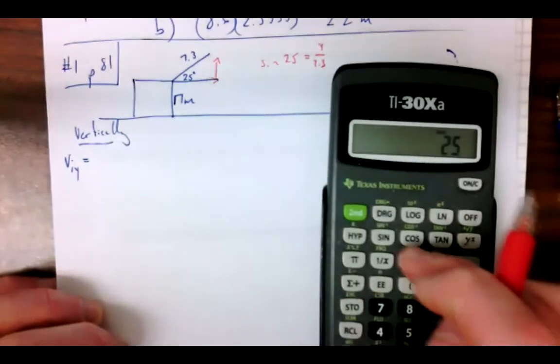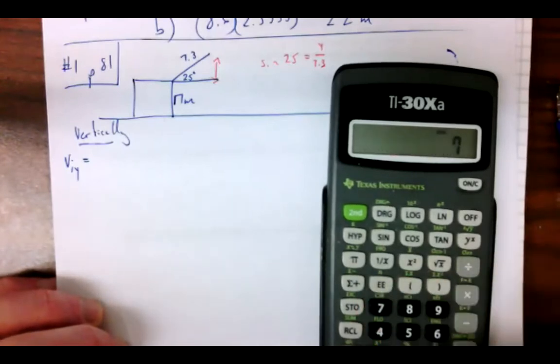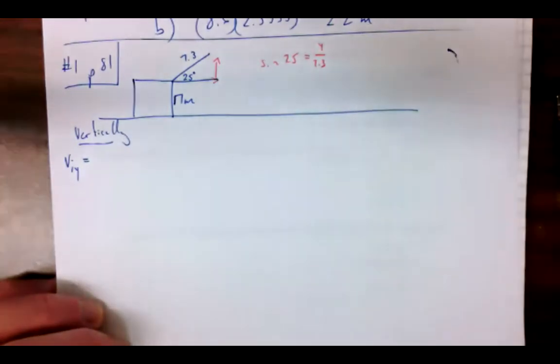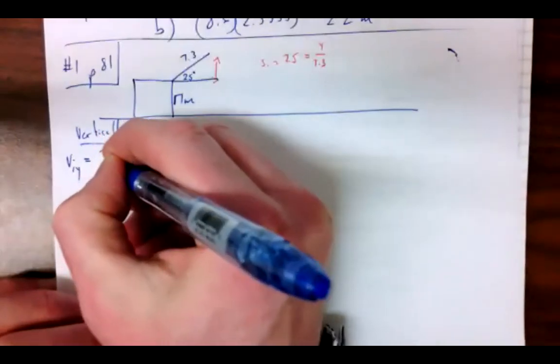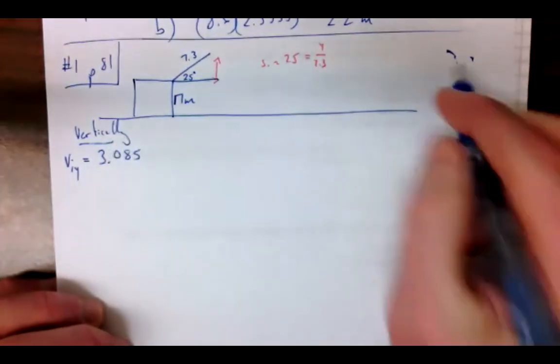So 25 sine times 7.3. Very important to take your time. Don't rush. 3.085. Because when you rush, it's when you make silly mistakes. And I've been modeling that very well for you, if I do say so myself.